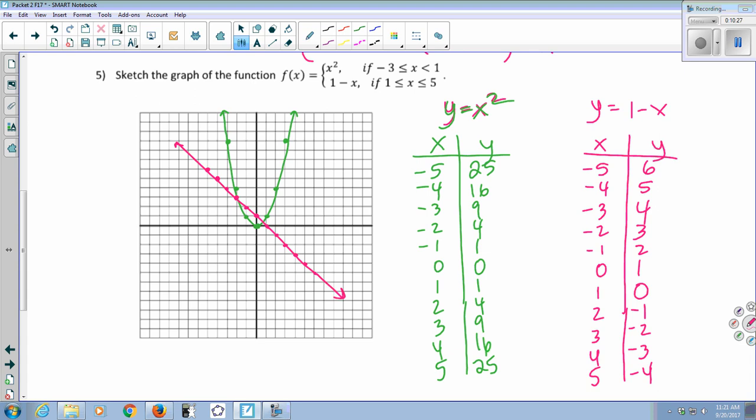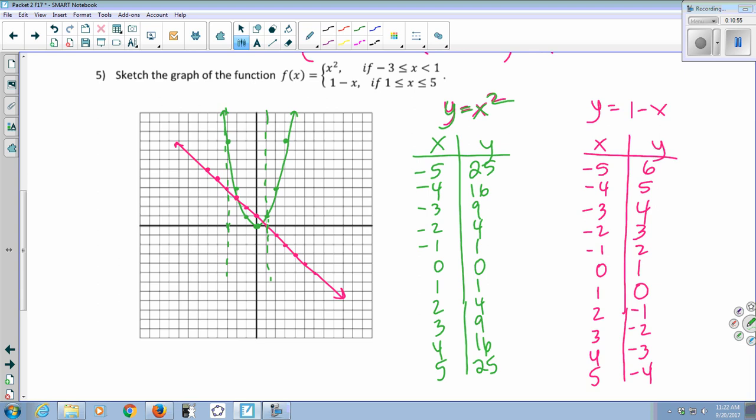Now I want to just erase the parts that I don't need. So for y = x squared, I'm only supposed to draw that for x's between -3 and 1. So going back to my green graph, I only want that graph from x = -3, which is here, to 1, which is here. Anything outside of those brackets, everything outside of these fences, I want to erase.